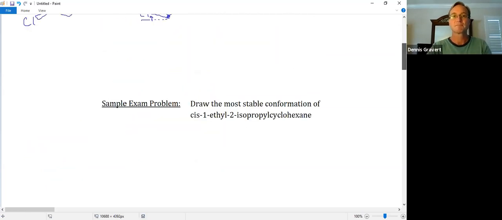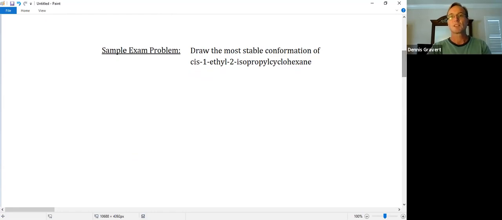That's a different question. Draw the most stable conformation of cis-1-ethyl-2-isopropylcyclohexane. So let's take the same strategy. Let's just draw a quick skeletal drawing. Call this carbon 1. We'll put an ethyl group out there. That's 3 carbons, sorry, 2.